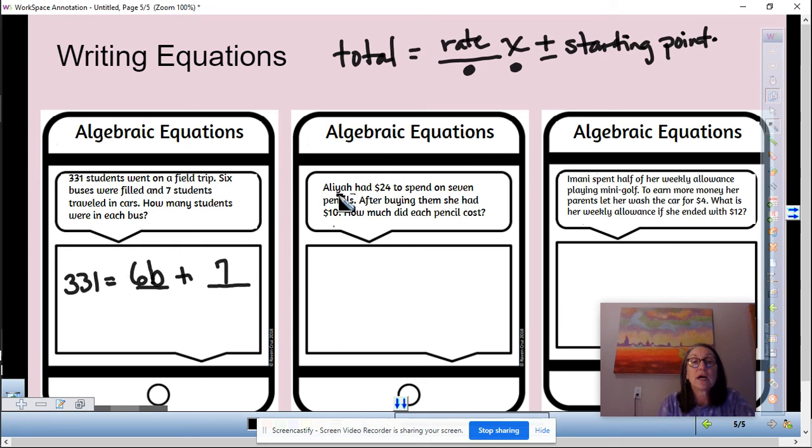equation. Alia had $24 to spend on 7 pencils. After buying them, she had $10. How much did each pencil cost? Well, let's start out with our total, $24. How much is each pencil? Do I have any clue? No, let's call that P. How many did she buy? 7 of them.